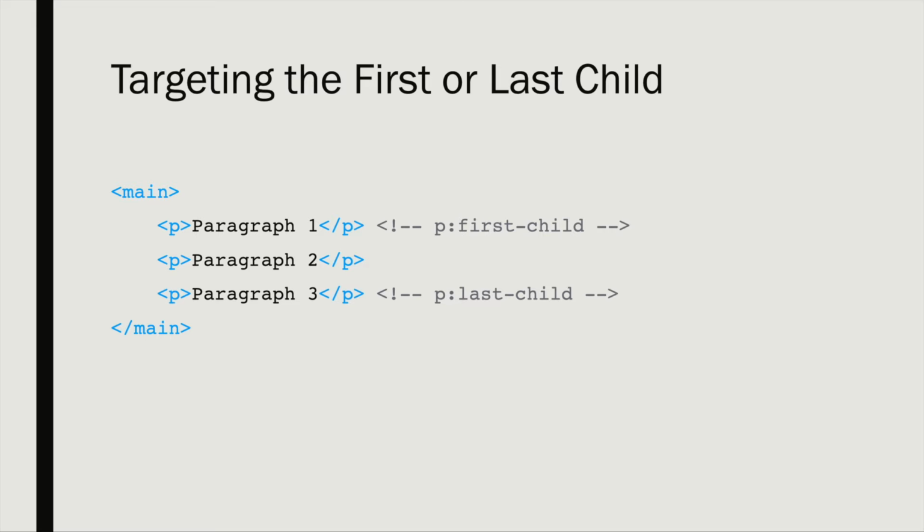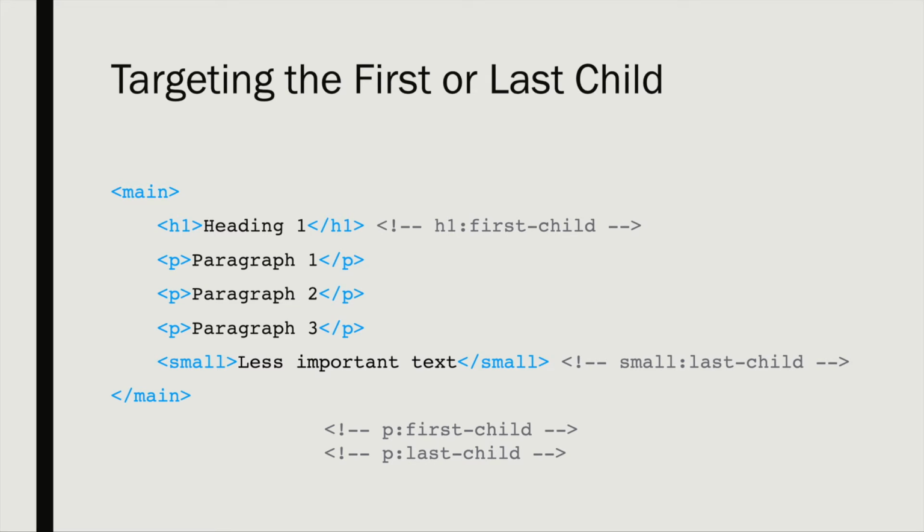If you want to select the last one, then you can say p colon last child. And that basically means that the last child element that is a p tag inside of the main will be selected. And then from there you can modify it however you want.